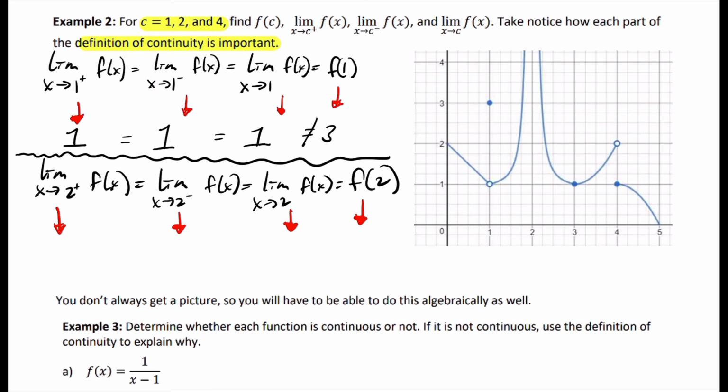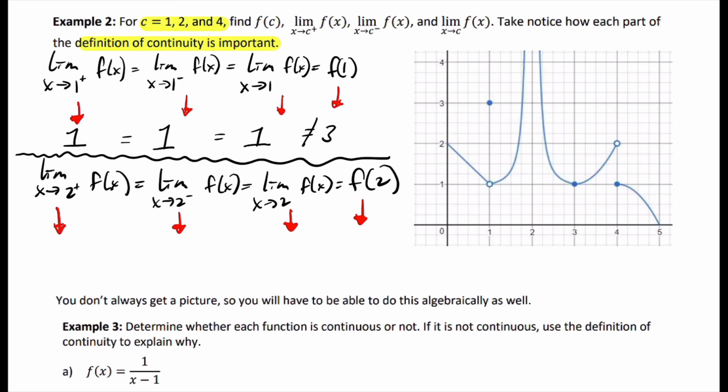Okay, so the reason I'm having you do this is because this is the definition. This is what sometimes I get on tests. People will just write 1 equals 1 plus 1 equals 1 equals 1 does not equal 3. And my question is, well, what is 1? What are the 1s and what are the 3s? I don't know what those are. You have to label everything.